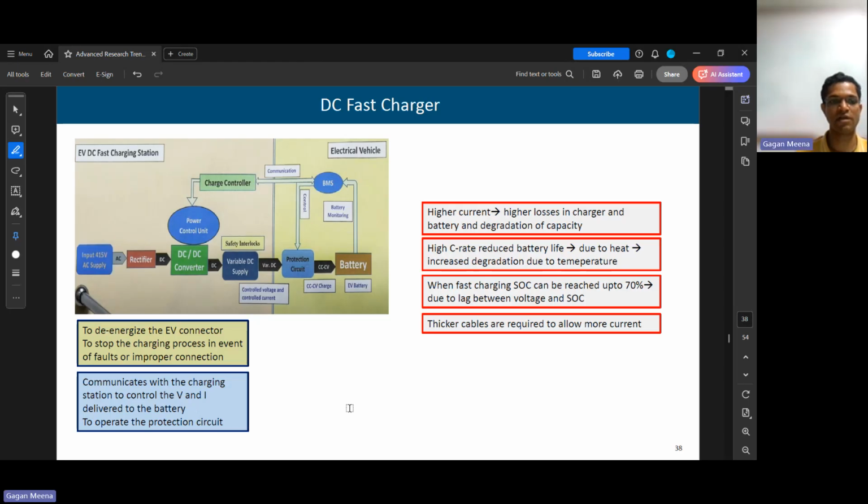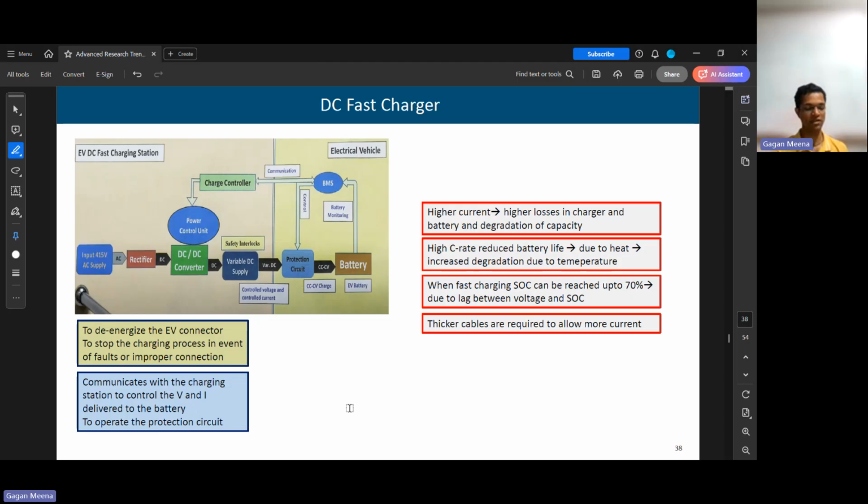And the protection circuit is operated by the BMS, which communicates with the charging station to control the voltage and current delivered to the battery. Those two things are very important here: one is the safety interlock and another one is the BMS.